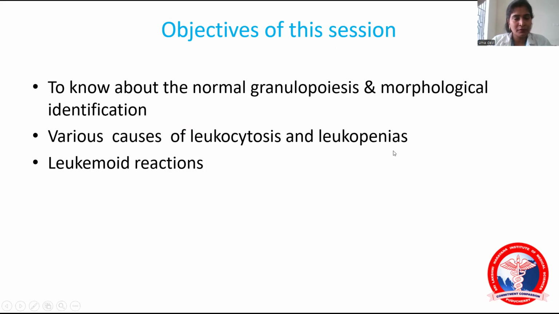Then we'll discuss how leukocytosis differs from a leukemoid reaction. So is that clear? You can jot down the doubts and ask me at the last, or you can also ask me during the class.